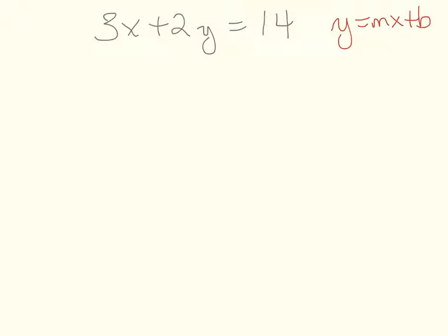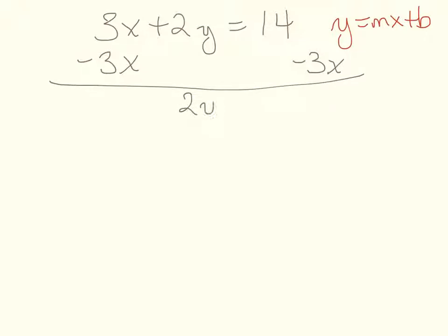If we have 3x plus 2y is equal to 14, and we want to put it into slope-intercept form, which looks like this, y equals mx plus b, we want to get y by itself. So we're going to subtract 3x from both sides because we want to get the y term by itself.